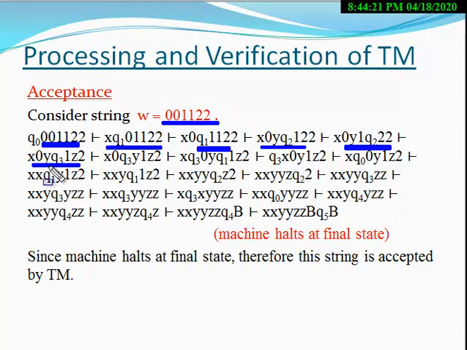At the Q3 state, the machine only moves in the left direction till the first X is encountered. So before X, the tape symbols Z, 1, 0, Y appear, and in this situation the machine only moves in the left direction.